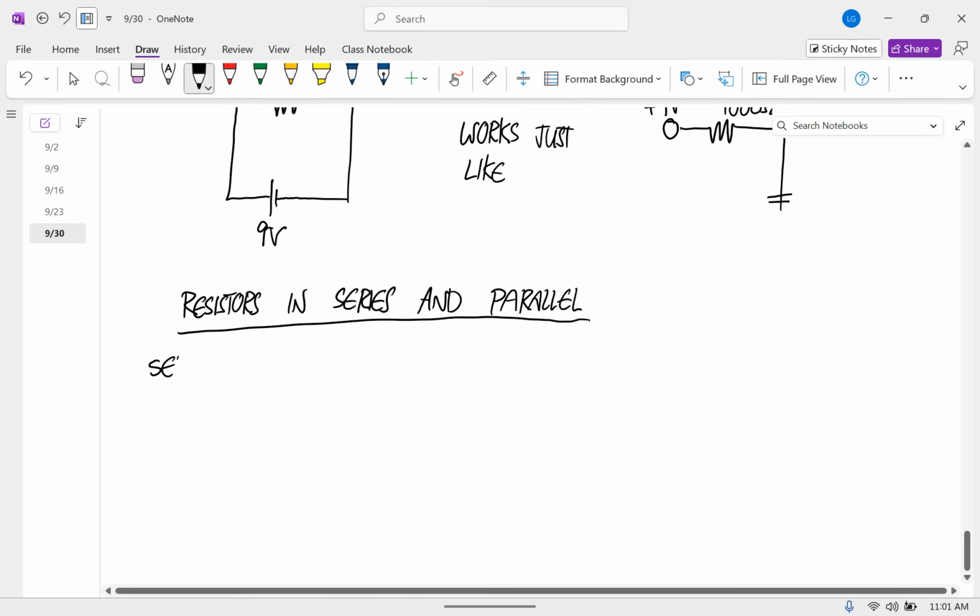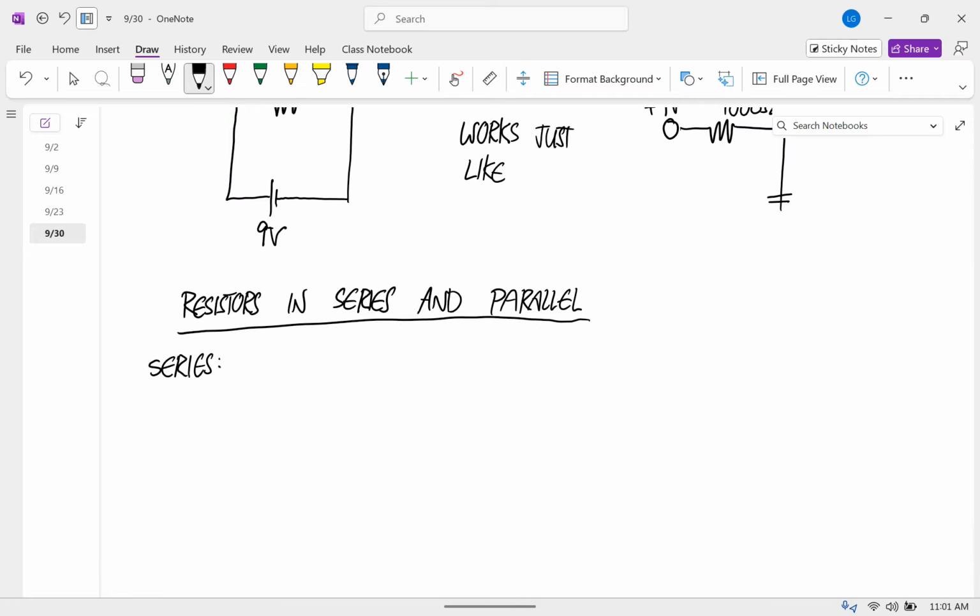So series means electricity first goes through one device, then the other.